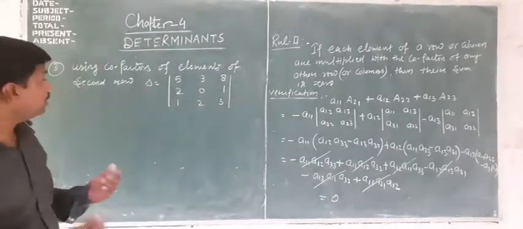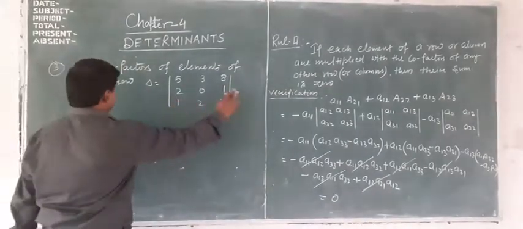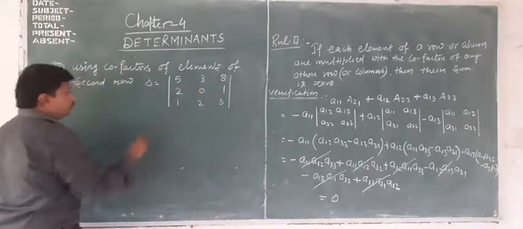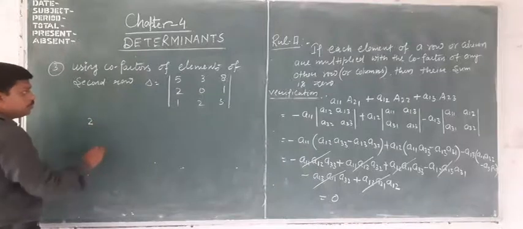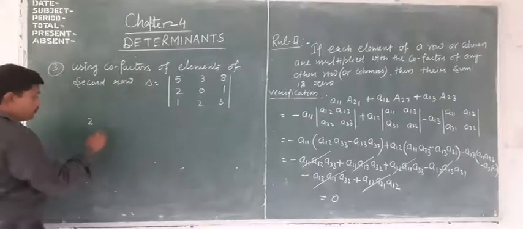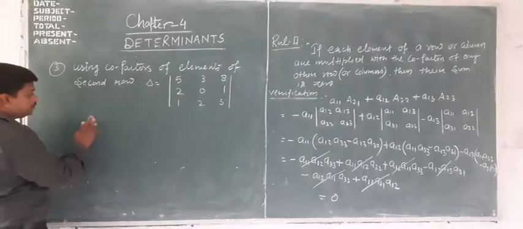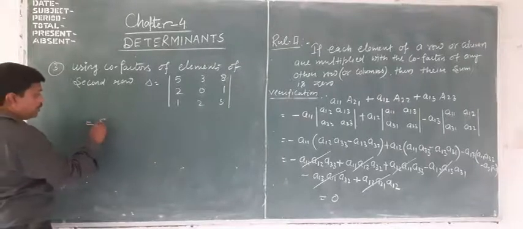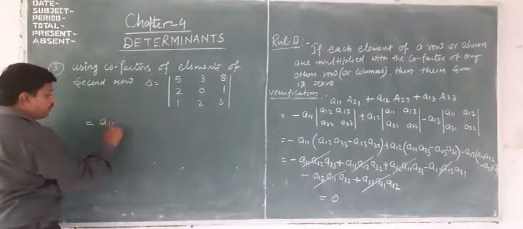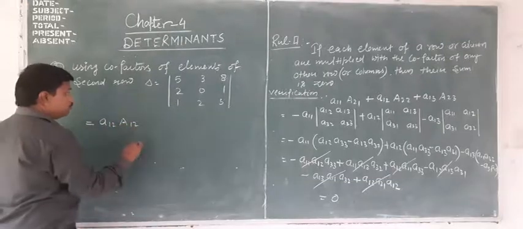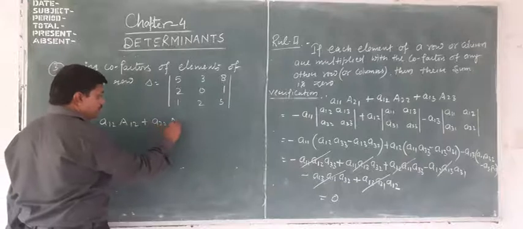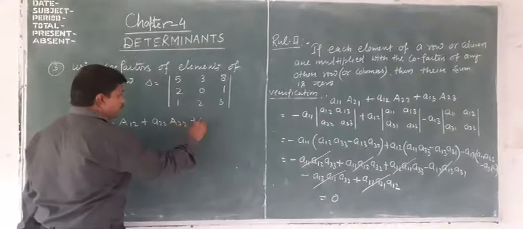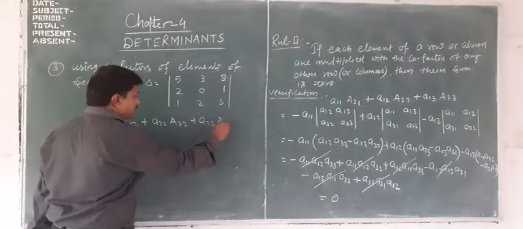Cofactors of elements of second row, ये है सेकंड रो. So 2 and cofactor of this element a12, capital A12. This is plus a22 capital A22, plus a23 capital A23.